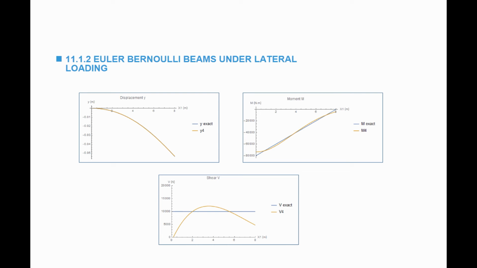The exact solution and the approximate displacement with the fourth order polynomial are almost identical. The moment, the exact and the approximate, are also almost identical. The shear is still further away.